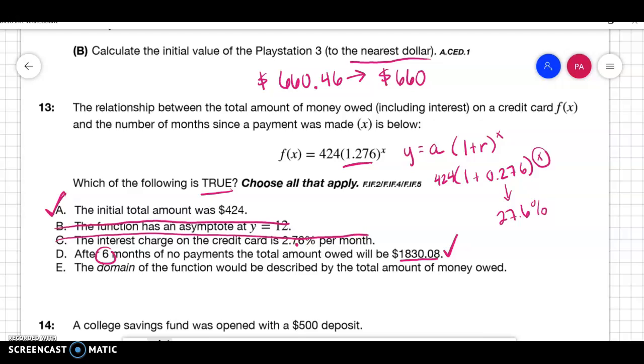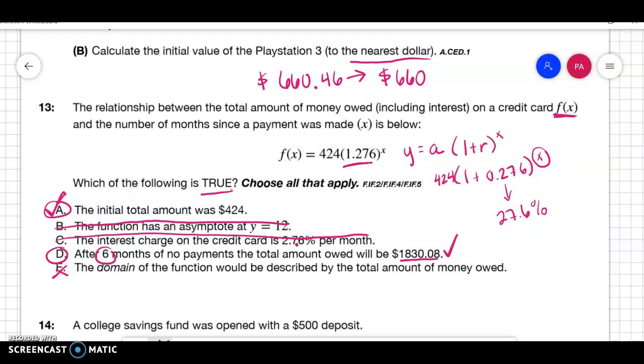It says the relationship between the total amount of money owed on a credit card, f of x, that's the whole thing, and the number of months since a payment was made, x. So x is the months, the timeline, like how long you have been making payments on it. So that's the time. If this said the range of the function, then you'd be correct. But E is not correct either. So it was A and D that we were looking for.